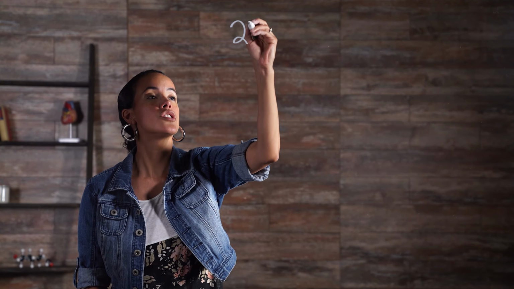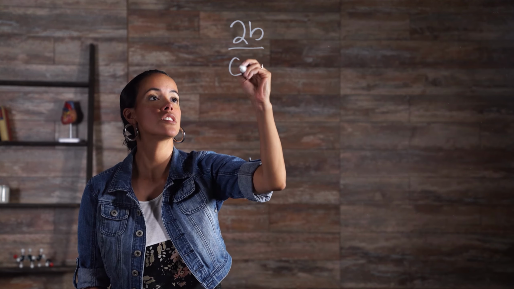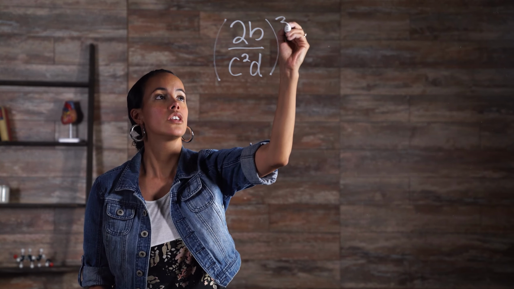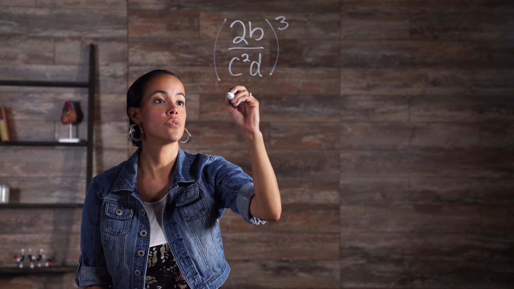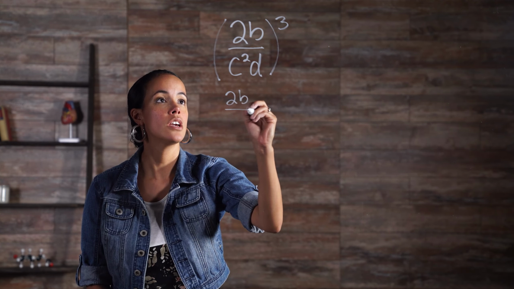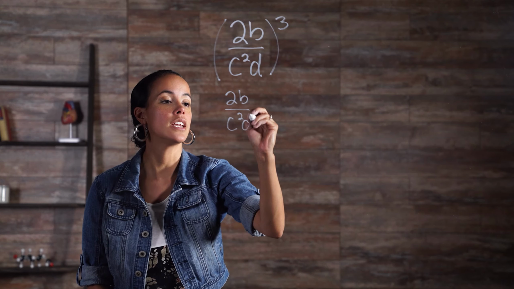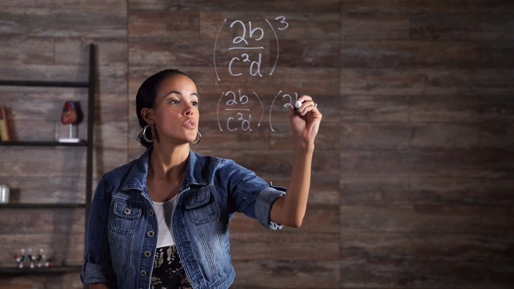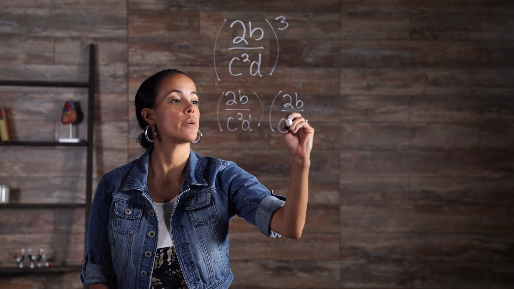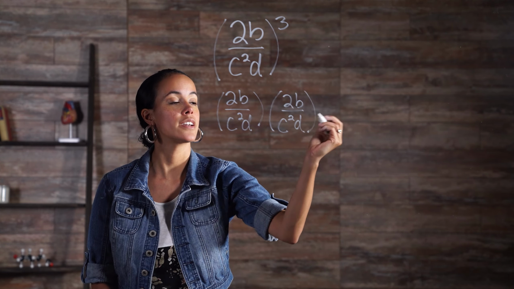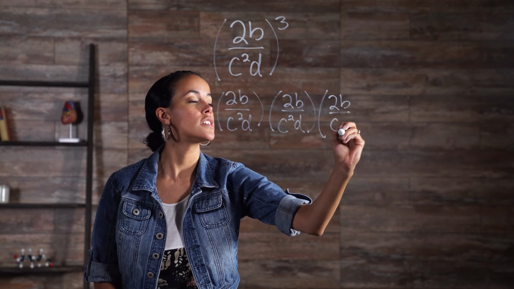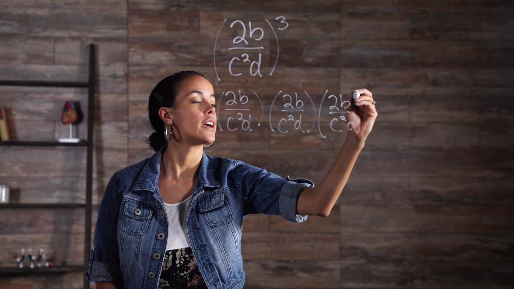Here's another example. 2b over c squared d, cubed, expands to 2b over c squared d times 2b over c squared d, one more time, 2b over c squared d.